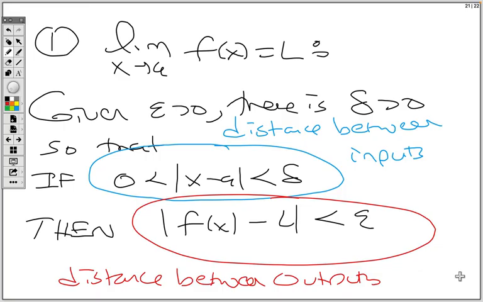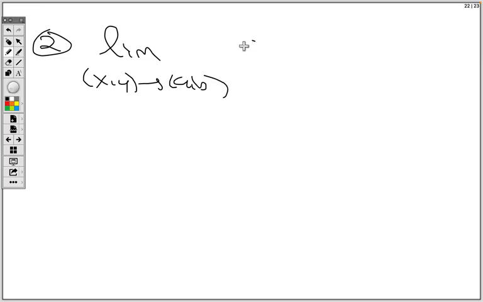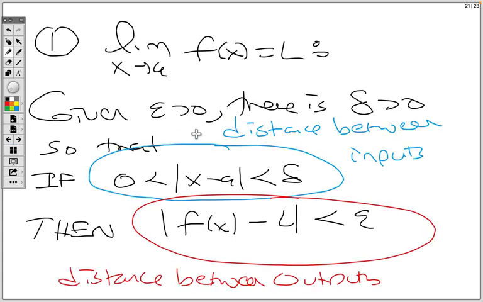Yesterday, we generalized this to 2 dimensions. So what does it mean to say the limit of a function of 2 variables as xy approaches ab is equal to some number L? It starts off the same way.